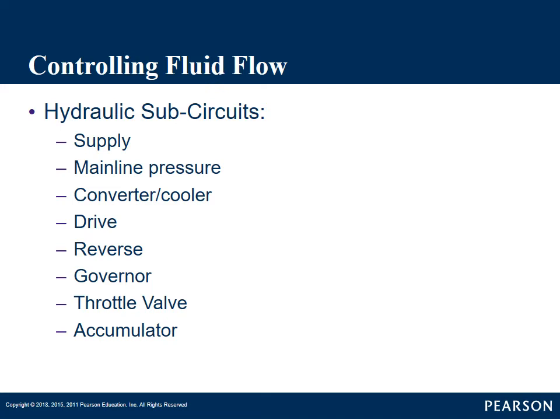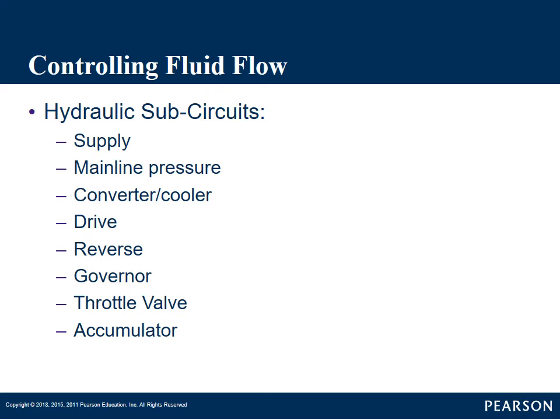Once the pump pressurizes that and pushes it through the transmission, we have a regulator there to control the exact pressure. That's our main line pressure or our main control pressure. Then we have a converter cooler pressure circuit.